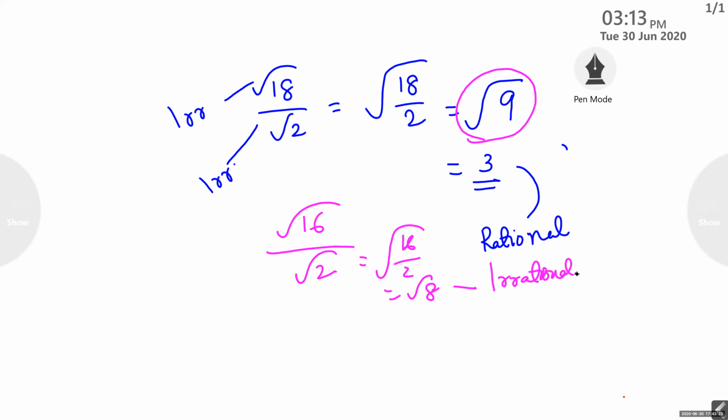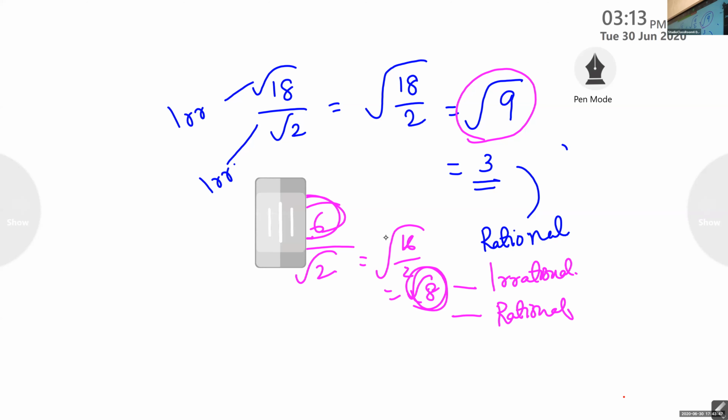Can you find a rational number as an answer? That is my question. To get a rational number, it should be a perfect square. Clear? Not like 16. If you get 16 as an answer, you will get a rational number. So try to find some number.